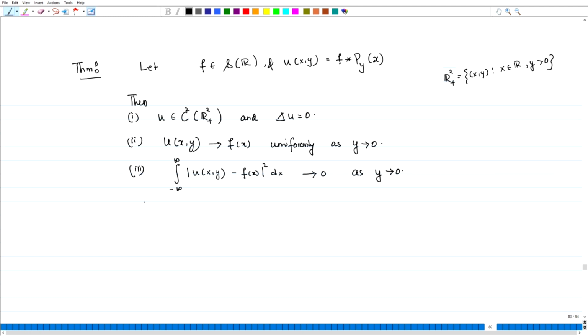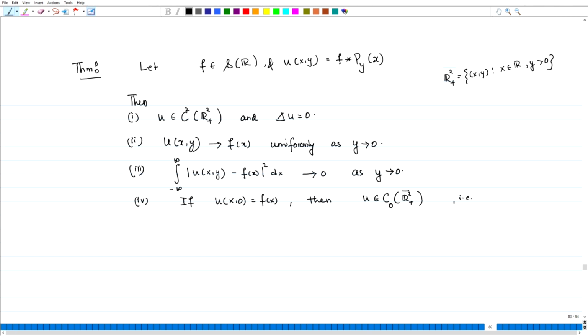And fourthly, if the boundary value of u is f of x, then u actually is a continuous function on the closure of our upper half plane, including the boundary. Not only that, it also goes to 0 as we go towards infinity.